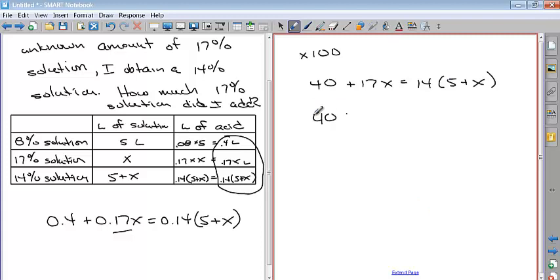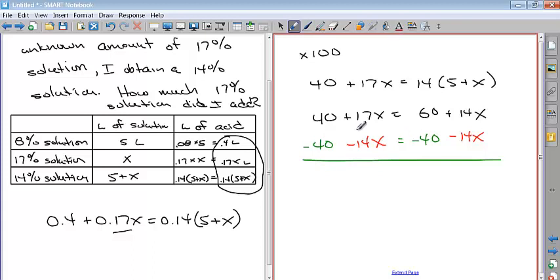You get rid of the parentheses. 14 times 5 is 70, plus 14 times X. We take the additive inverse of that and the additive inverse of that, and add it over here as well.